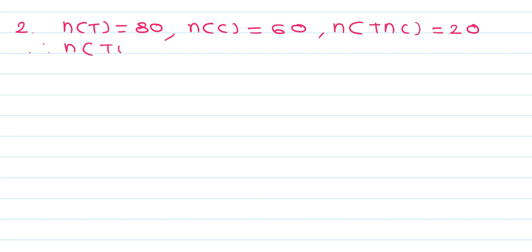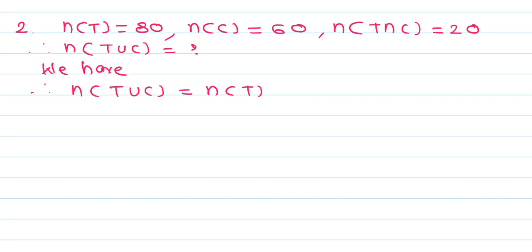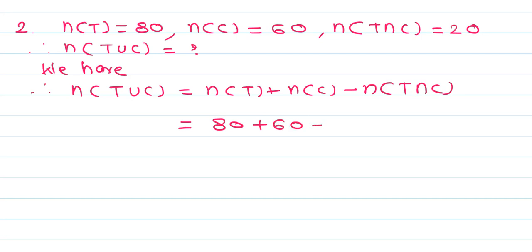Therefore, N of T union C, that is to be found out. Now the formula. We have N of T union C is equal to N of T plus N of C minus N of T intersection C. Substitute the values: 80 plus 60 minus 20.